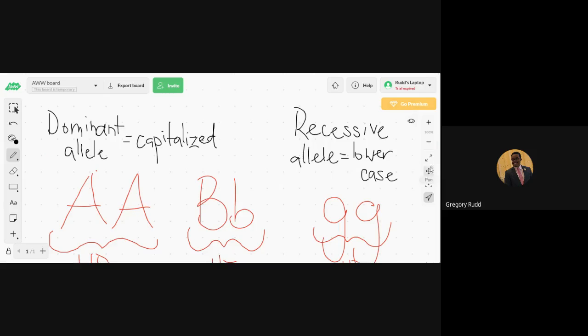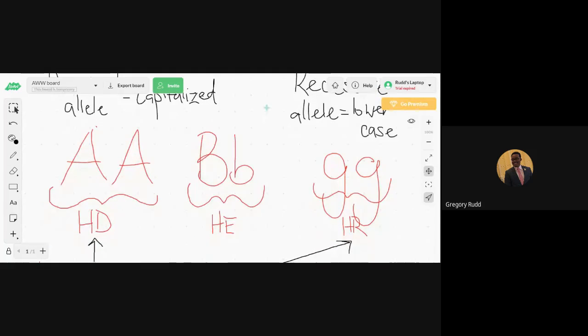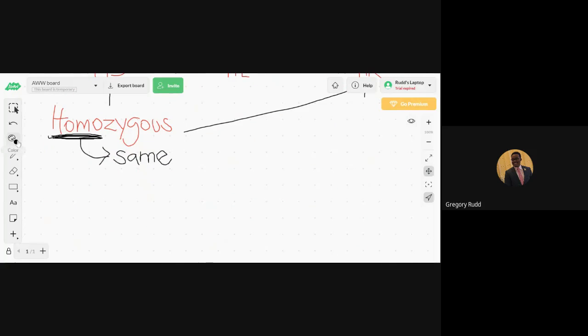But there's something else. We don't just have homozygous dominant and homozygous recessive. We can also have something else, and Kyrie told us we can also have something called heterozygous. What does the prefix hetero mean?